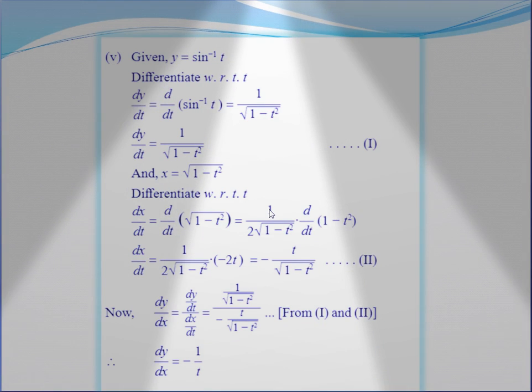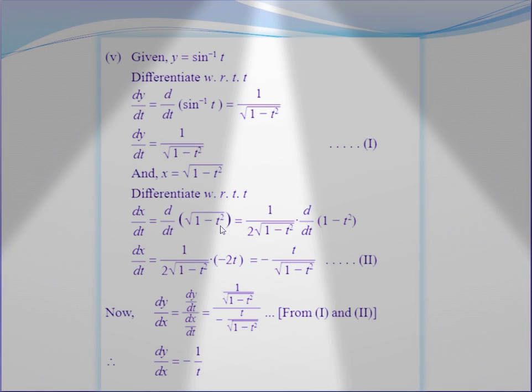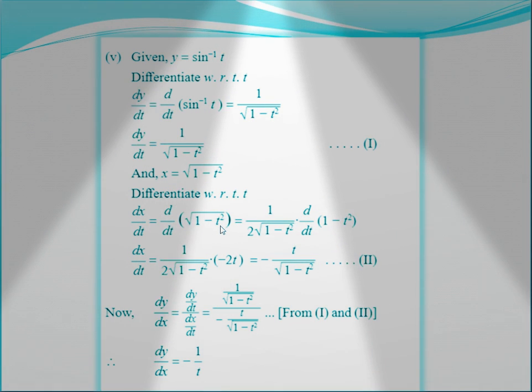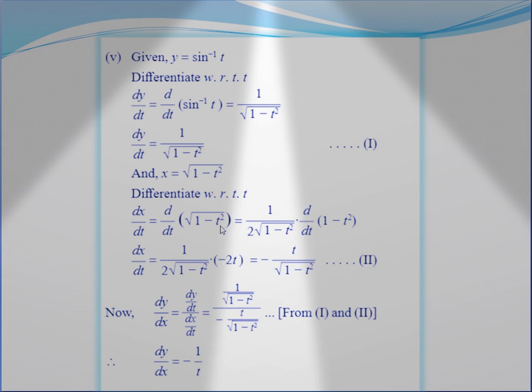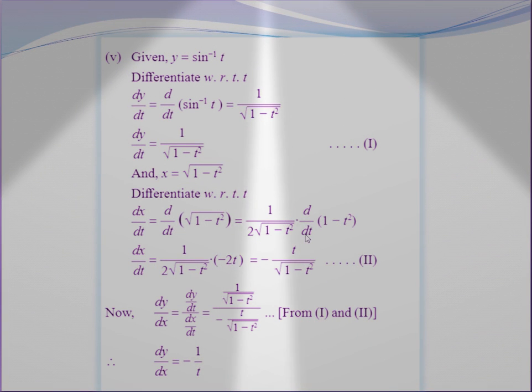Therefore, suppose 1 minus t square is u, then we get under root u, and the derivative of under root u is 1 upon 2 into under root u into d by dt of u. Therefore, the derivative of under root 1 minus t square with respect to t is equal to 1 upon 2 into under root 1 minus t square into the derivative of 1 minus t square with respect to t.